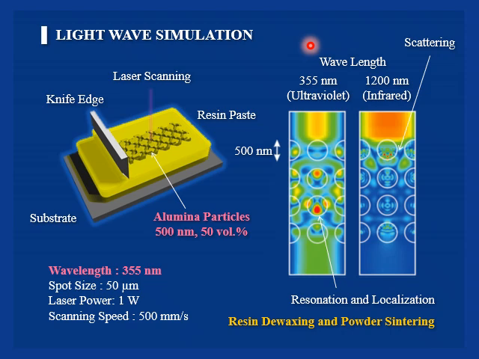Anyway, in our investigations, we used an ultraviolet laser beam with a 355 nanometer wavelength. In this case, the half wavelength is easy to propagate between the particles and penetrate into the inside of the paste material and increase the temperature. So resonation and localization occurred inside, so that the resin dewaxing and the powder sintering were realized inside of the paste material.